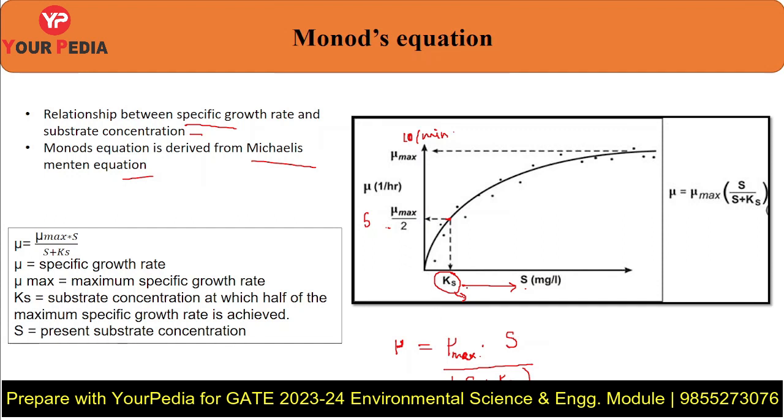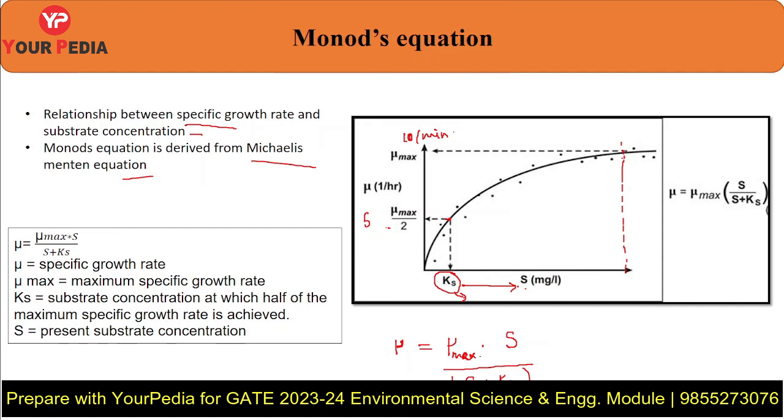And from this graph, we can observe that there's only one particular amount of substrate for a particular microbial population that we can provide to achieve the maximum specific growth rate.